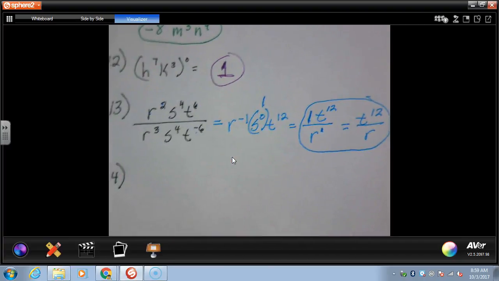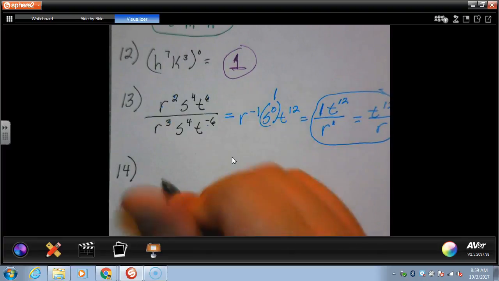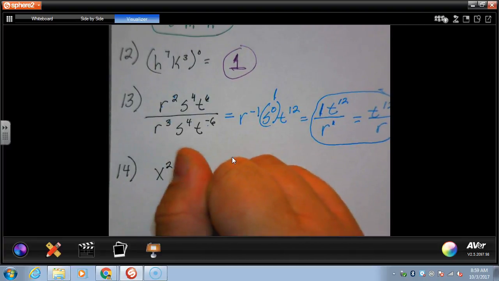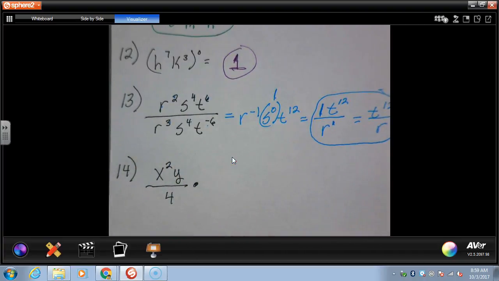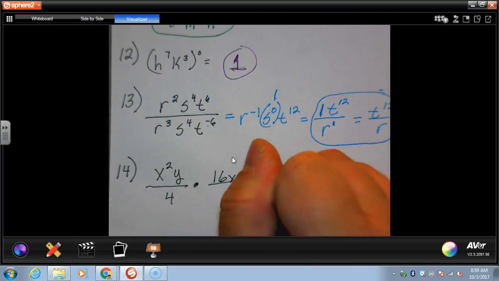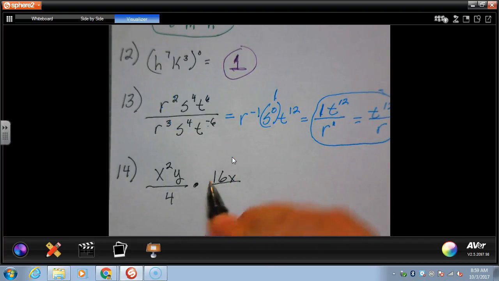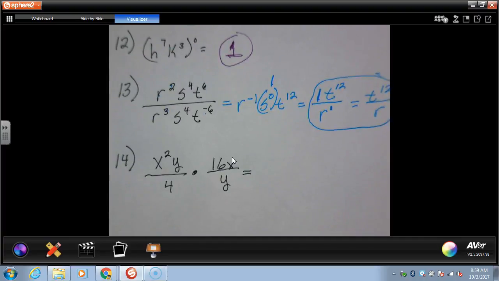I have x squared y over 4 times 16x over y. I could do this two different ways.